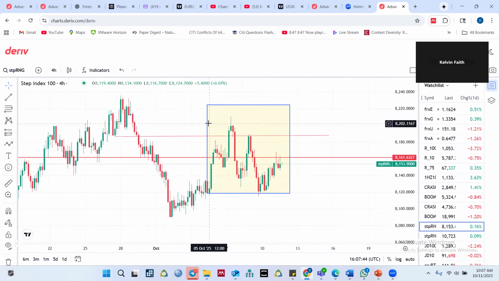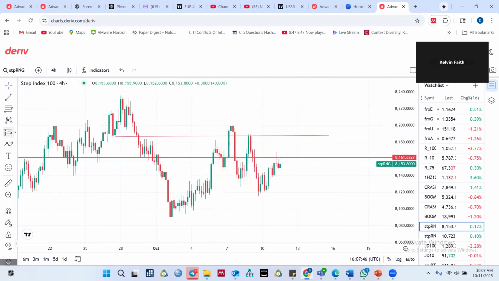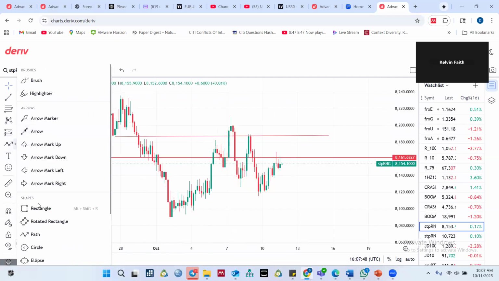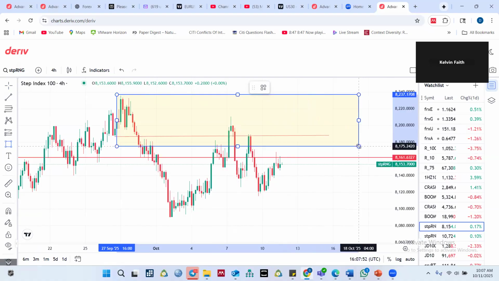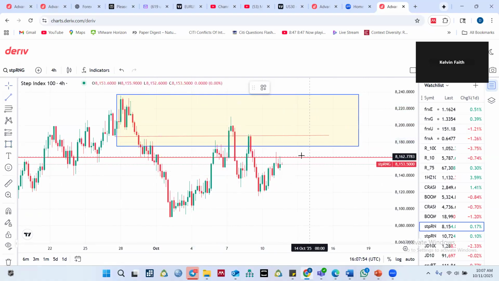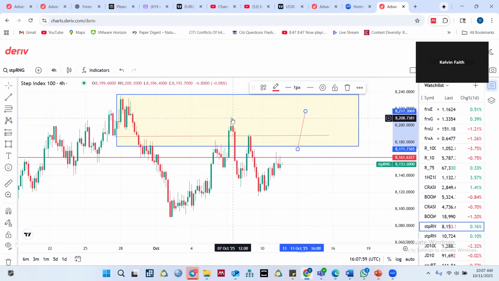Still, this place above here is still the premium zone. So price can still trade up into the premium zone, no problem, because we hit 61.8%.